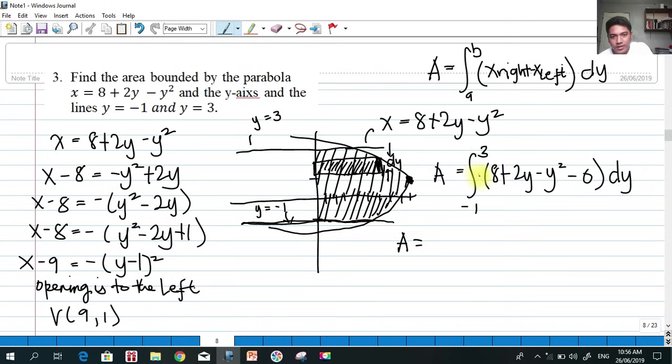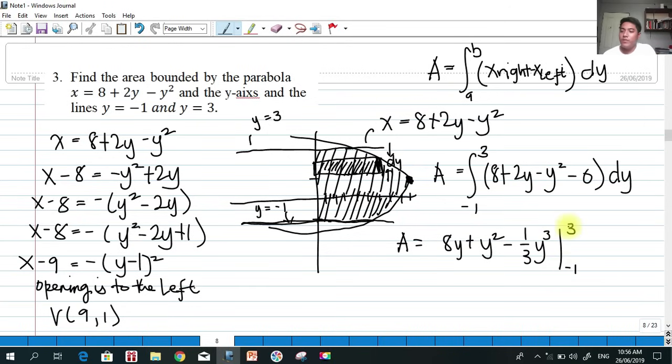So if we integrate this with respect to y, we have 8y plus y squared, if I'm not mistaken, since 2y squared over 2, the 2's cancel, minus 1/3 y cubed, evaluated from limits -1 to 3.